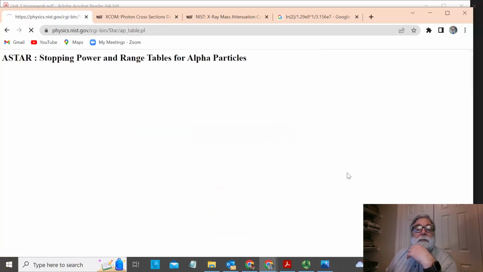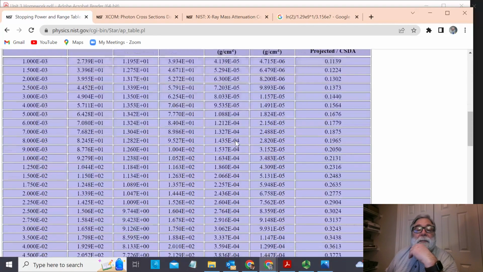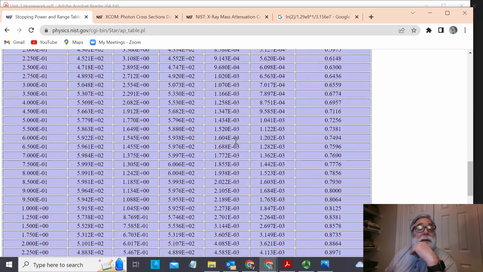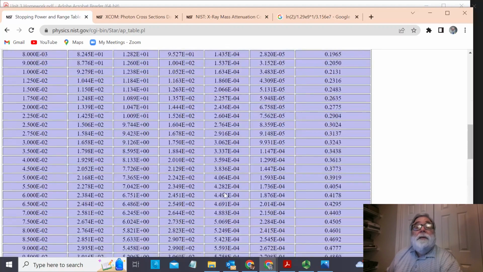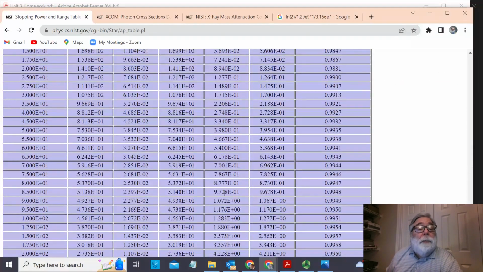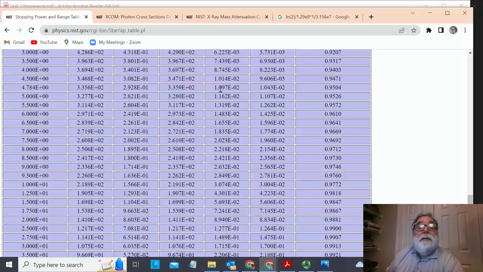And I've got the energy I'm interested in. There it is for tin. Here's the CSDA. That's what I want, the range. And it's for 4.78.